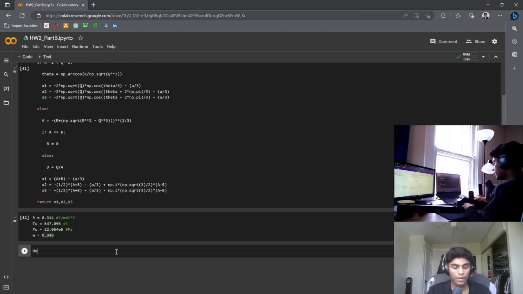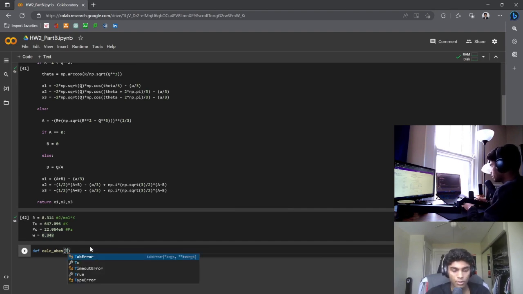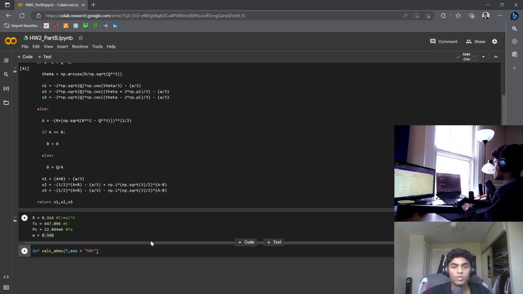So if we define a function called calculate ABES for our A coefficient, B coefficient, epsilon, and sigma, we want to have inputs of our temperature and the equation of state type that we're using. So for EOS, we're going to be using SRK to try and get those variables in our function here.